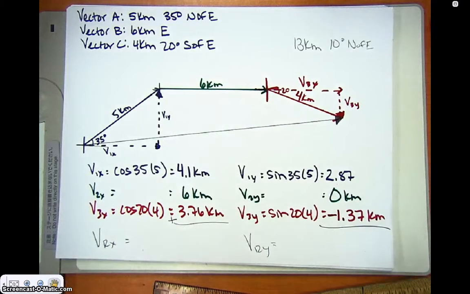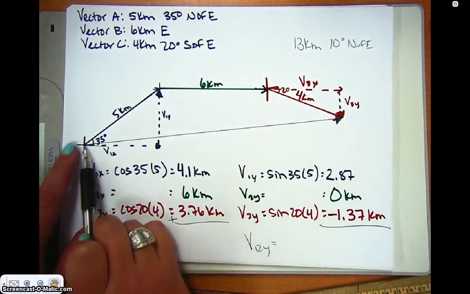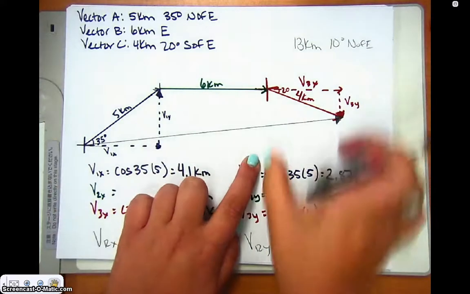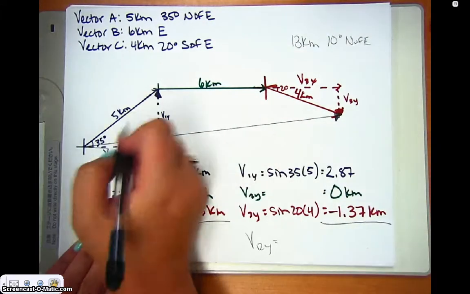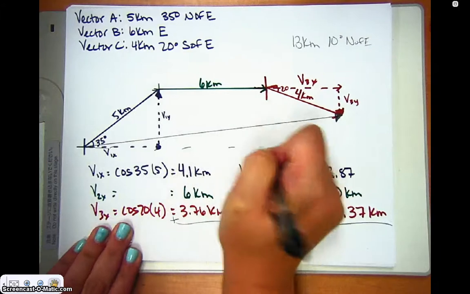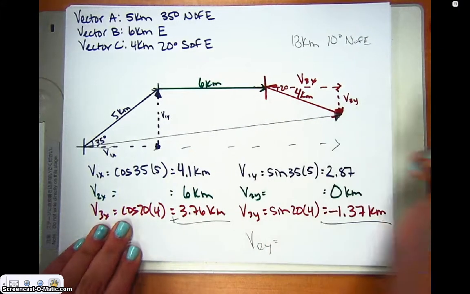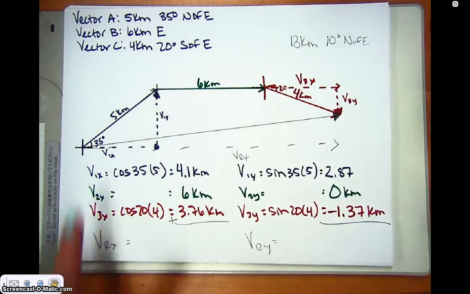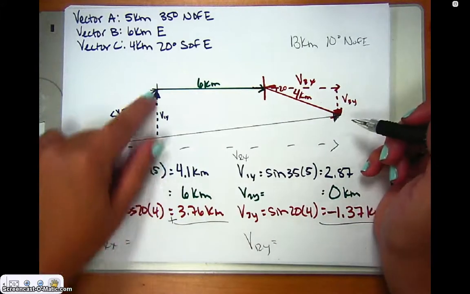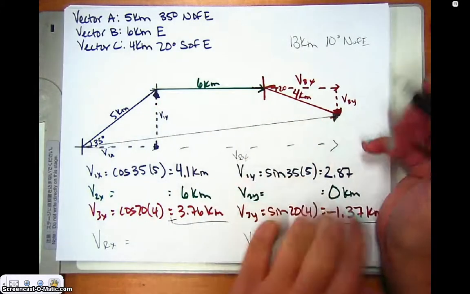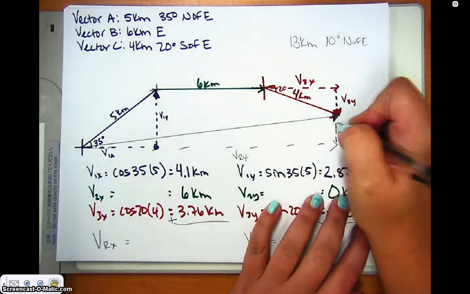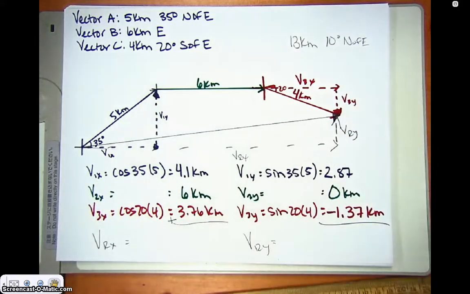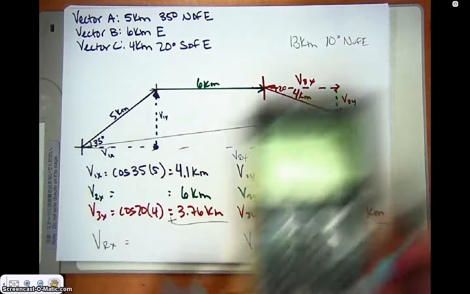Again, we can visually see that my x is going to be this plus this red one, if I were to bring it down, which would give me the x component of my resultant vector. And the y component would be equal to this minus this, right? So this is their y. And so I have my right triangle in order to do my Pythagorean theorem. So let's go ahead and figure out what that is.